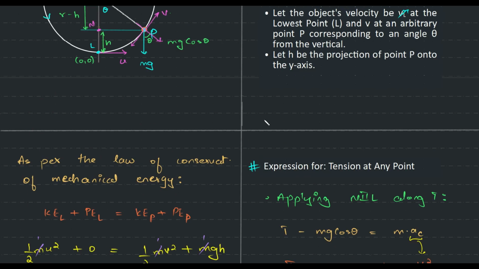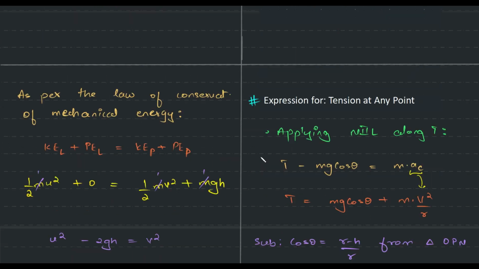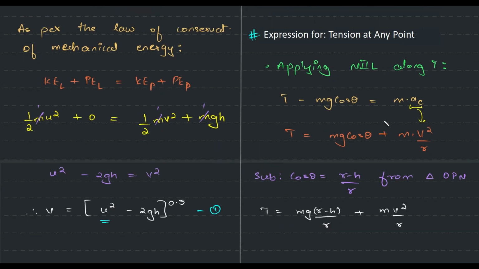So along this length we have T minus mg cos theta, which has to be equal to the centripetal force required for the object to move. When you simplify, this is also an expression. Everything here is a valid expression, just that we are trying to use only one variable.